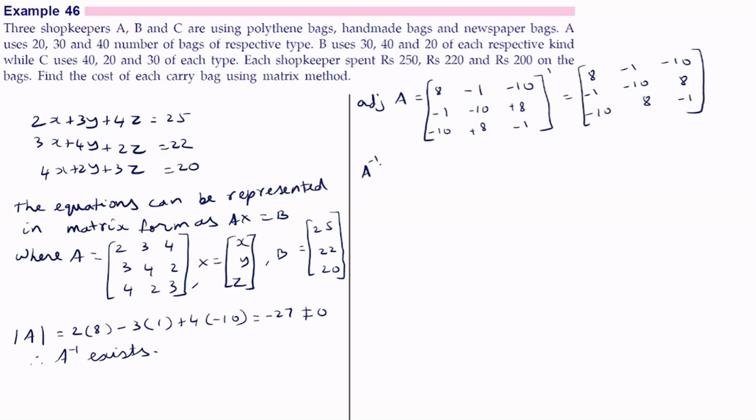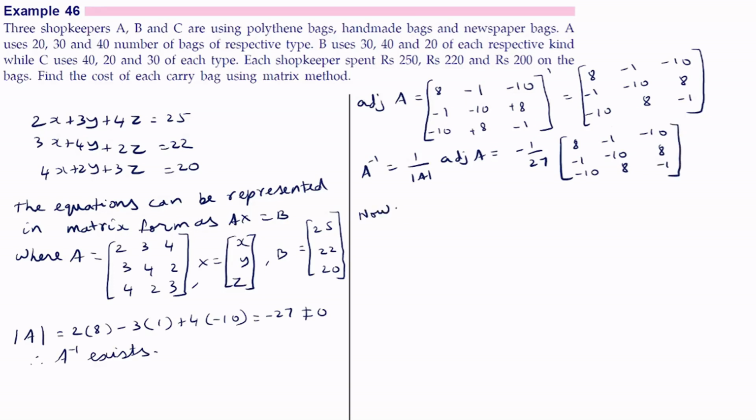We have A inverse equal to 1 by determinant of A into adjoint of A. We already found determinant of A, it is minus 27. So this is minus 1 by 27 into adjoint of A. It is this matrix 8, minus 1, minus 10, minus 1, minus 10, 8, minus 10, 8, minus 1.